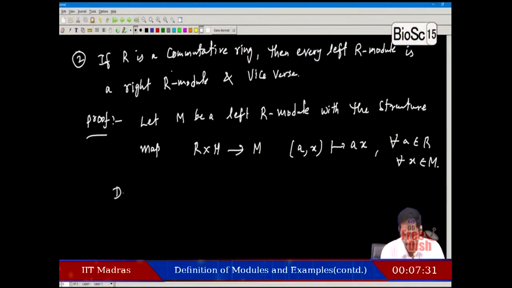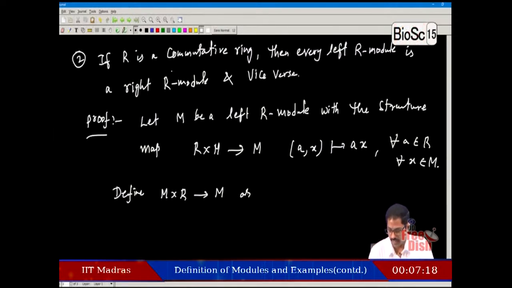Now, let us define another map from M cross R to M in the following way. If we take any x in M and a in R, then x dot a is defined as ax.